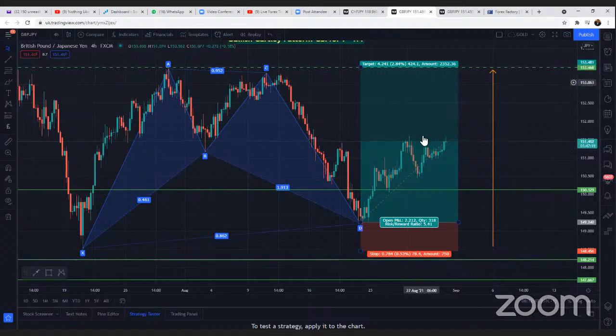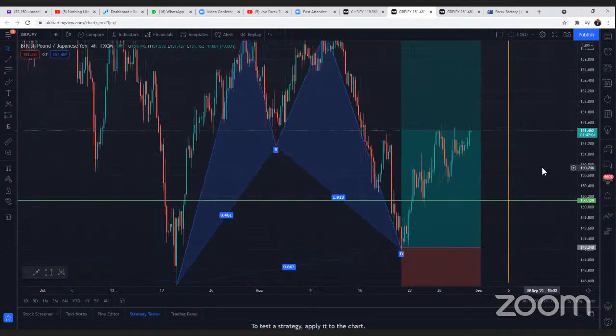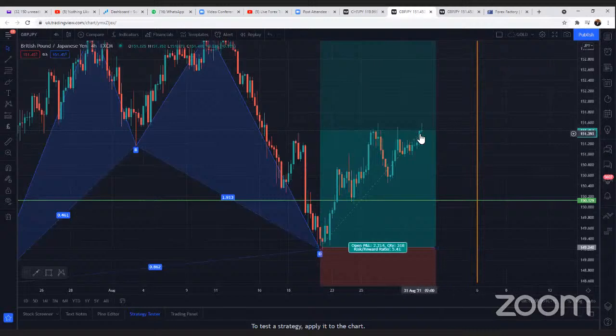Consider that each candle here has taken 4 hours to paint. The current one, let's make it bigger, obviously is going to take 4 hours to play out as well. It's about 8:13 a.m. in the UK now.